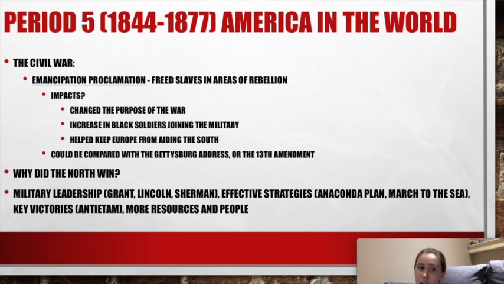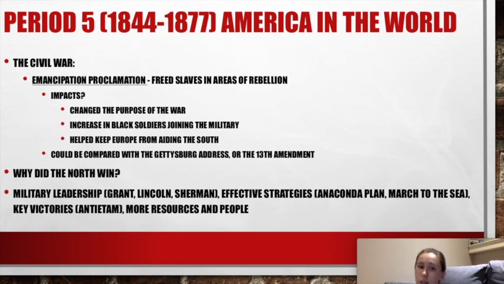A couple of key victories, but really at the end of the day, some of the biggest reasons the North is going to win is simply the fact that they have manufacturing power, they have more resources, as well as many more people. So if we look at the war and why the North won, the longer the war was going to draw out, the more chances that the North is going to win.